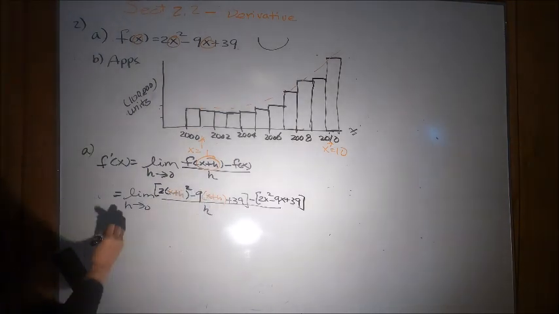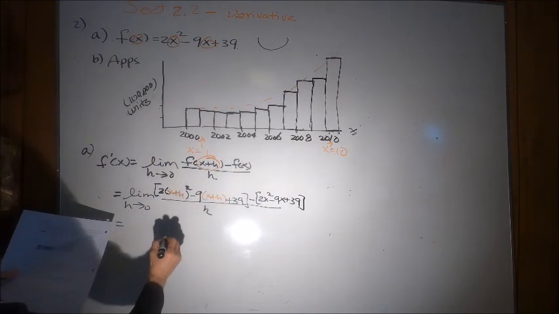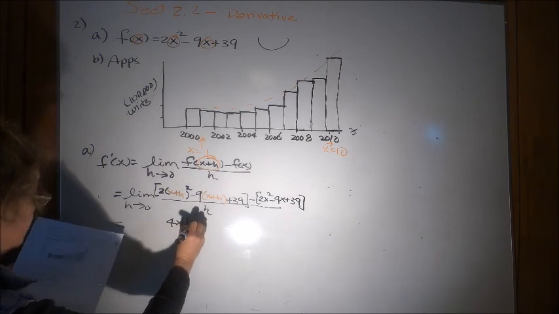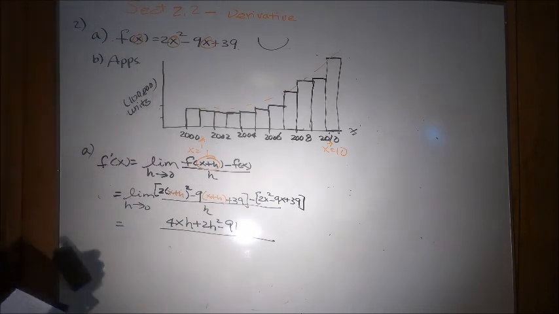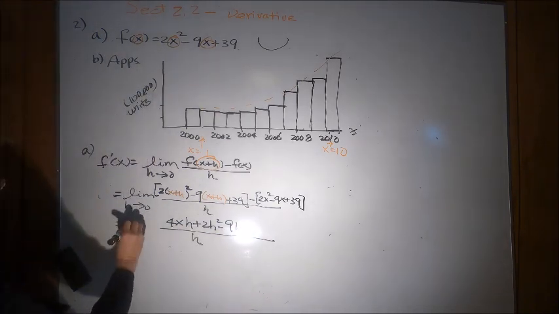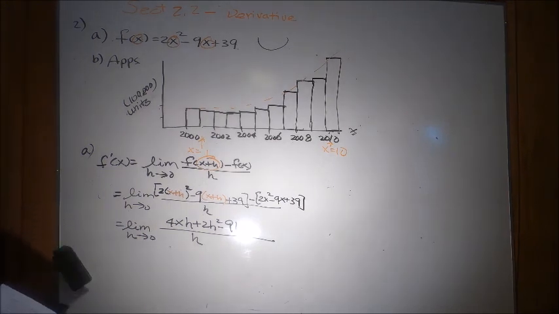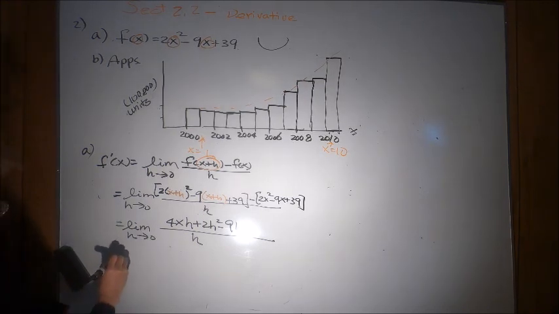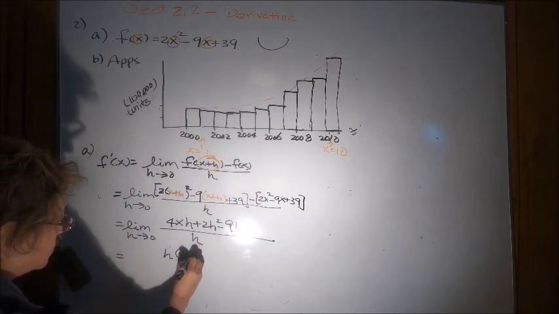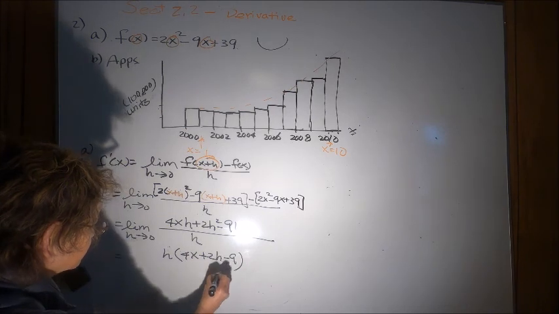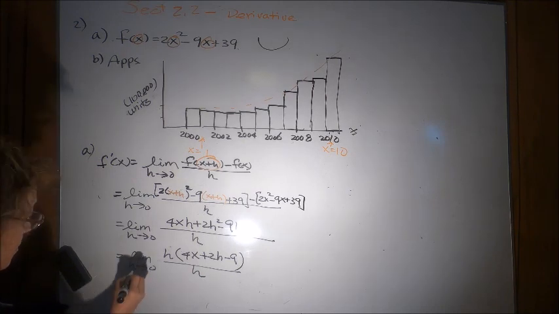This is over h. Then you do your algebra. You FOIL, then you simplify, right? It ends up this way. You have to do it. Make sure you do it hands-on. Otherwise, you don't make it. Okay, then we cannot plug in h as 0 yet, so we simplify. Take h out, so we have this one. Right?